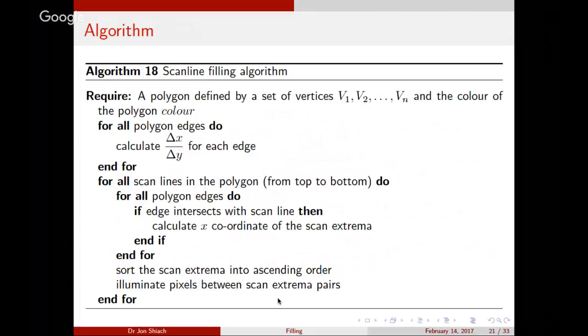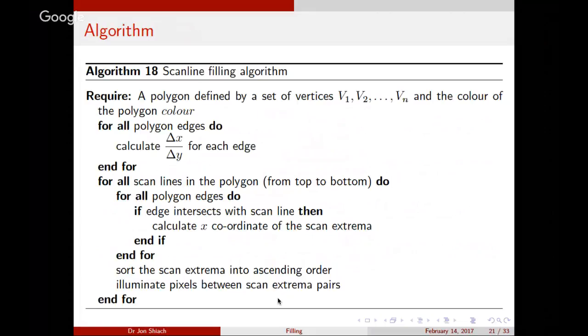What we can do to start with, and I'll explain why in a minute, is we go around each edge of your polygon and calculate the change in the x-coordinate along that edge. So each edge has a start point and an end point, the vertices. Delta x is the difference between the x-coordinates of the vertices, and delta y is the difference in the y-coordinate of the vertices.